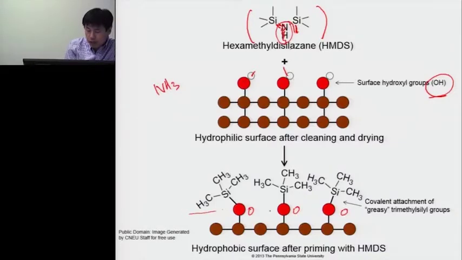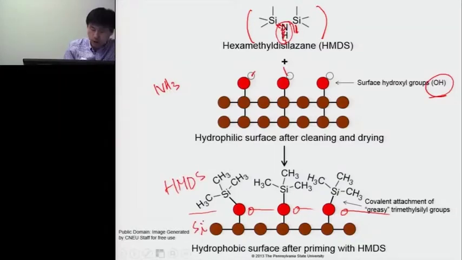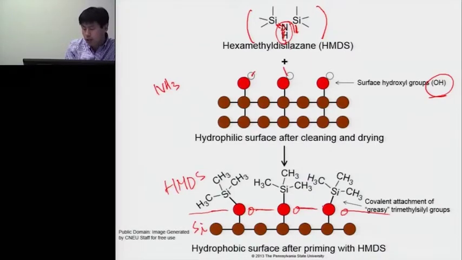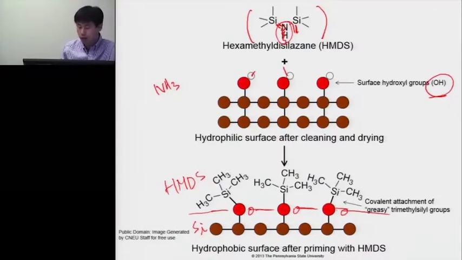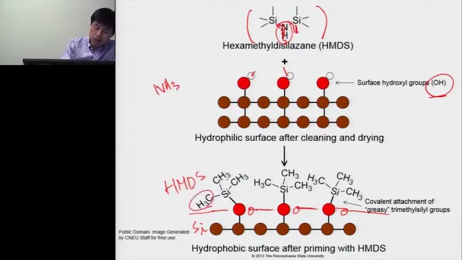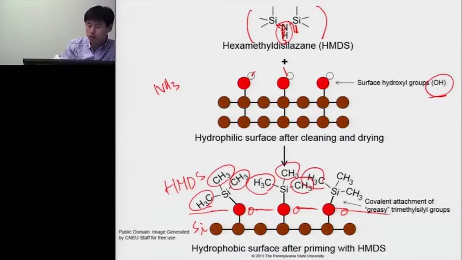This is the HMDS layer, and this is the silicon wafer in this example. This is the way these molecules form layers on top of the silicon wafer, and these molecules can make a very strong bond with the photoresist, which will be coated later on top of this layer.